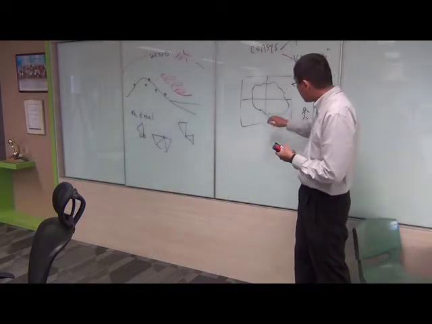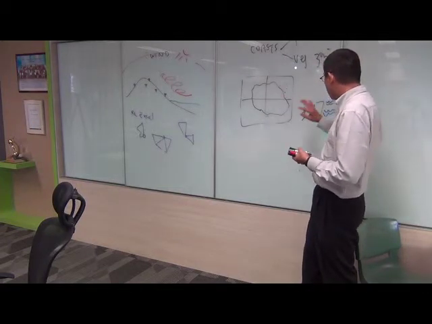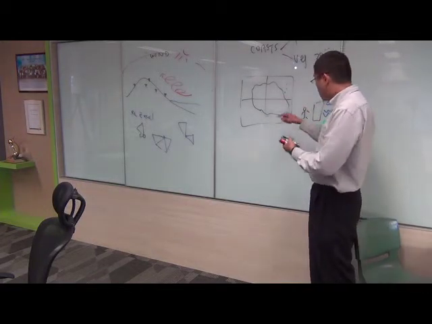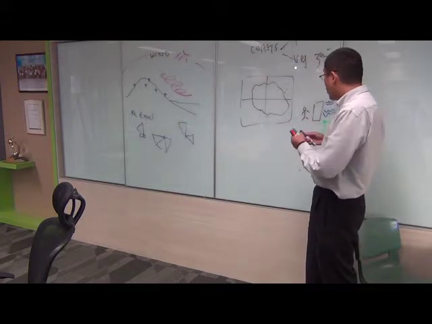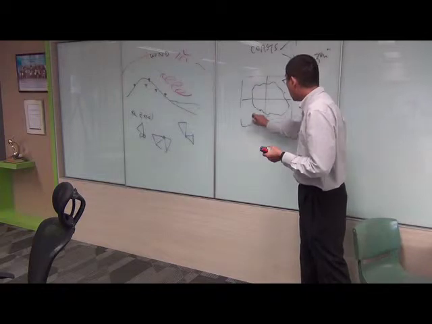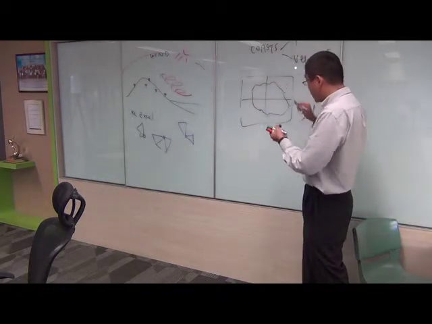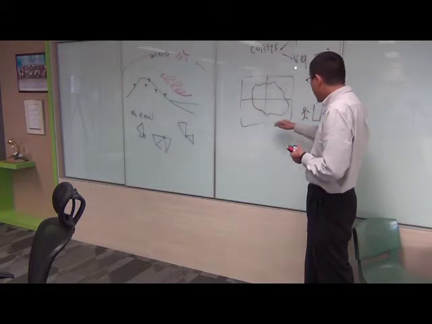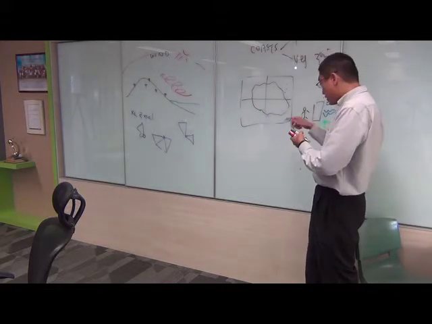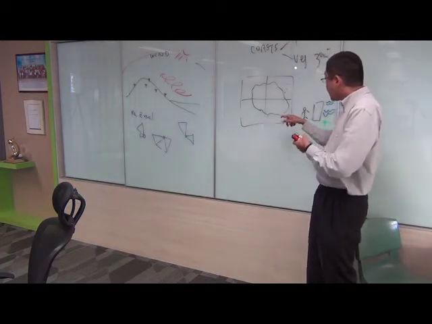Then I would ask the students in their groups to go and place the waves along the space that's provided, this entire area of water. And then I would get them to interrogate each other in terms of their groups.